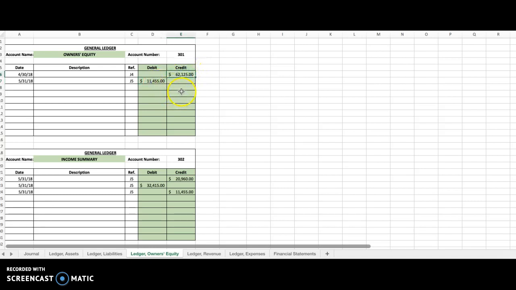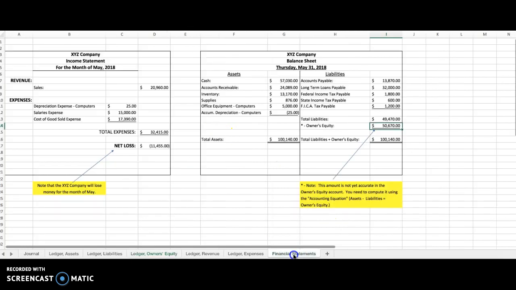That will give you a balance of $50,670, and if we did it right, it will equal the same amount we did back in our balance sheet when we subtracted liabilities from assets. But we verified it now with closing entries, so now there's a paper trail, if you will, in the ledger showing how we got to that net loss in owner's equity. So at the end of May, the owner's equity is less than it was at the end of April.